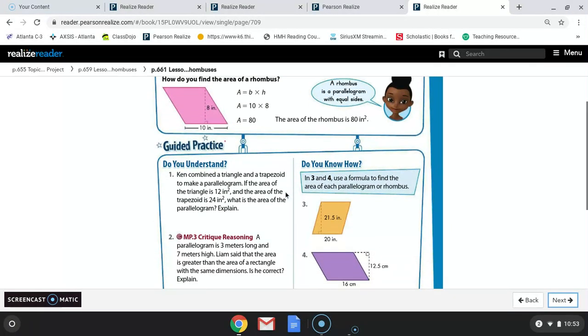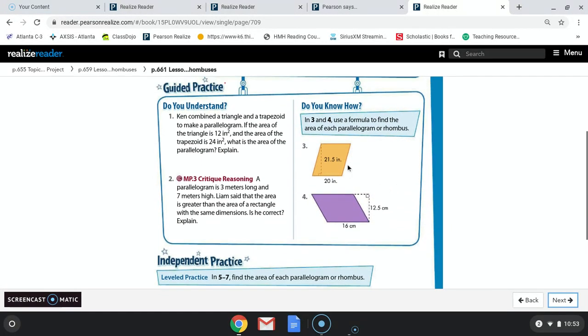Okay, so taking a look at the do you know. 3 and 4 are going to use formulas. Remember, the formula for finding the area of a rectangle is A equals length times width. For a rhombus, or a parallelogram, you're going to use A equals B times H, or base times height. So in number 3, you first have to decide, are we making a rectangle or a parallelogram?